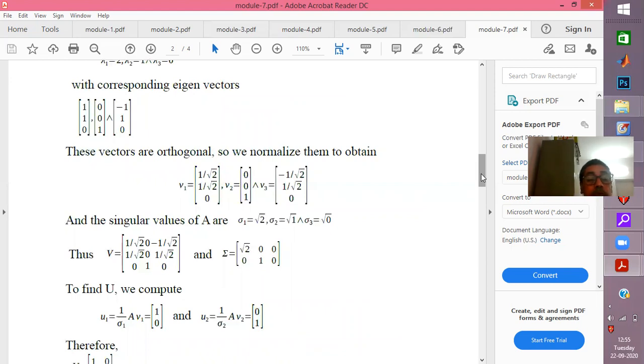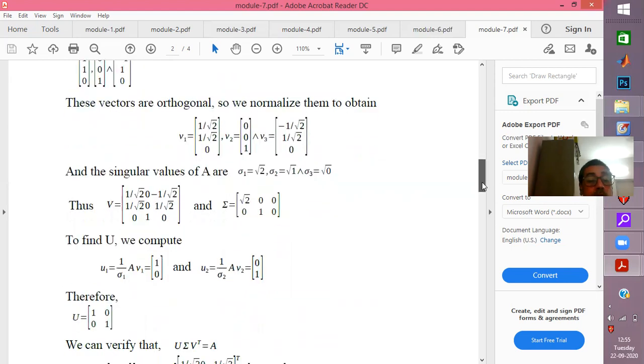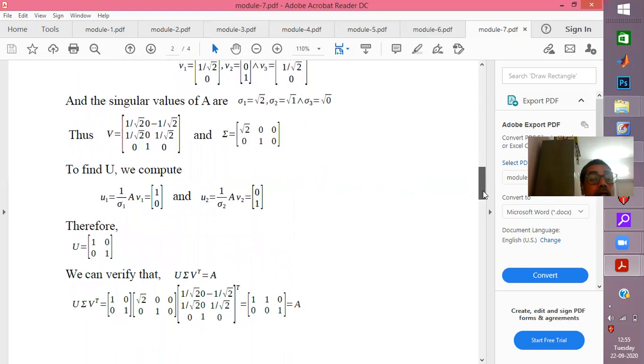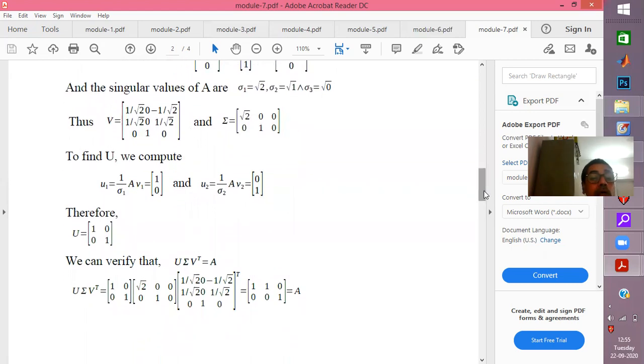Now if you want to compute the matrix U, you can use the procedure U1 is equal to 1 by sigma 1 times AV1, where sigma 1 should be the non-zero singular value, and U2 is equal to 1 by sigma 2 times AV2, that is 0 and 1. The matrix U should have order 2 by 2, therefore these two vectors are sufficient.